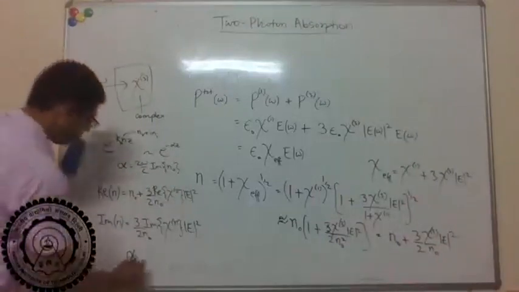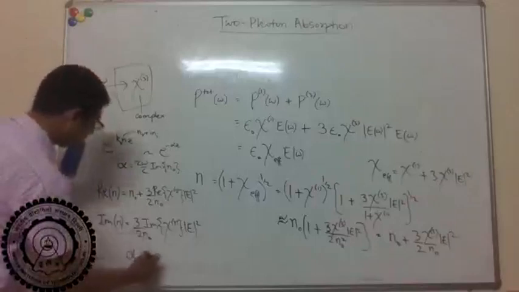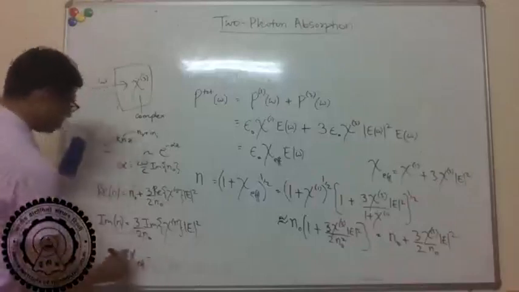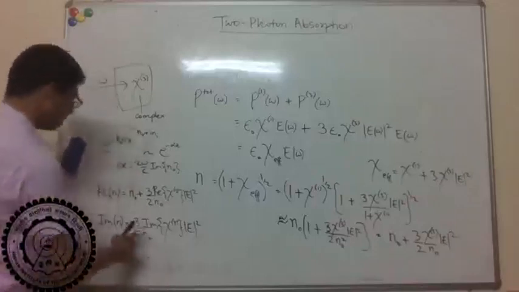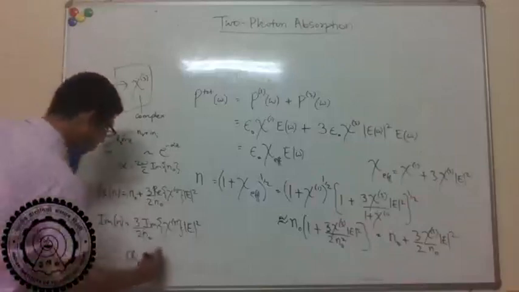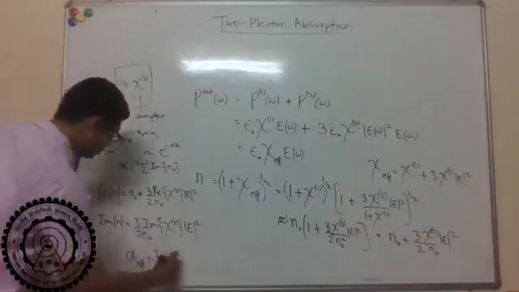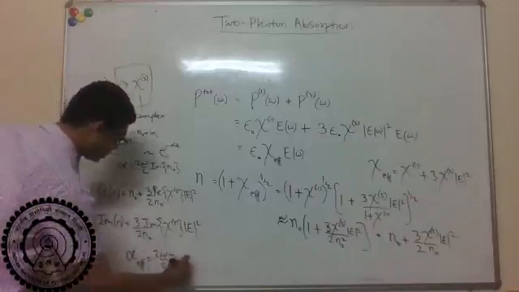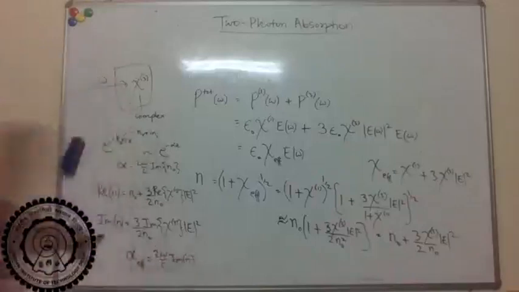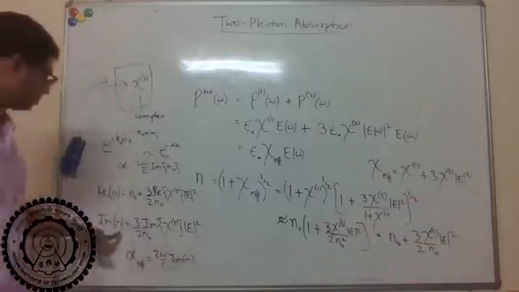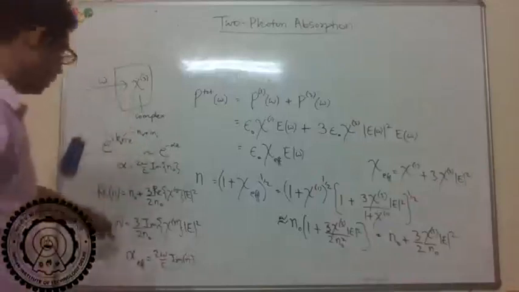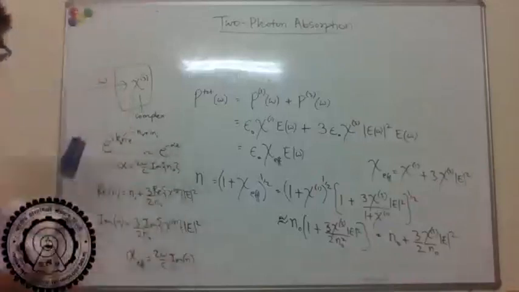Similarly, in this nonlinear case, we can define an effective absorption coefficient alpha effective as again 2 omega over c times the imaginary part of n here now, right? But now the n is the nonlinear refractive index.